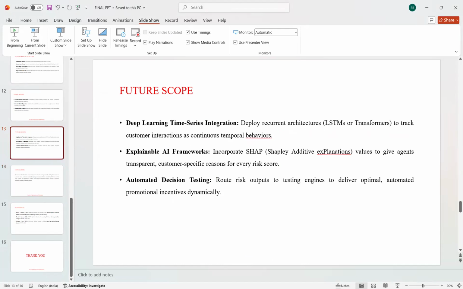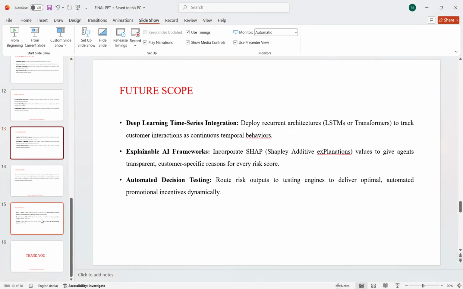Explainable AI frameworks show the reason behind each prediction and help users understand why the customer is at risk. And next, automated decision testing. This means automatically choosing the best offer or action for the customer and helps keep more customers with less manual work.